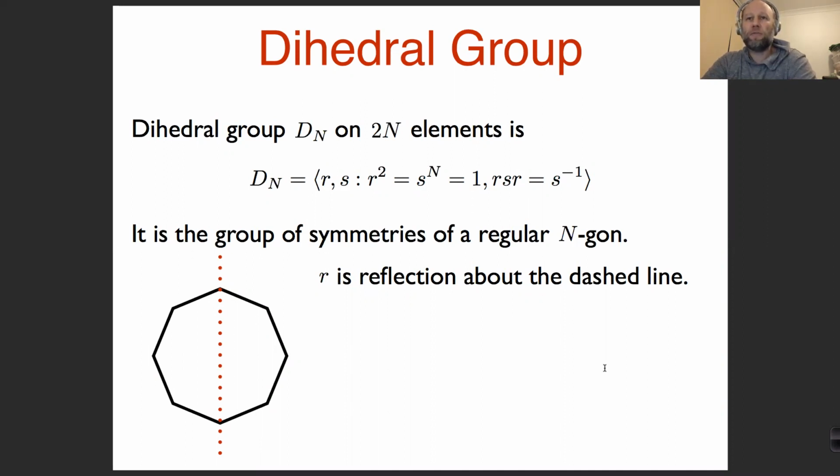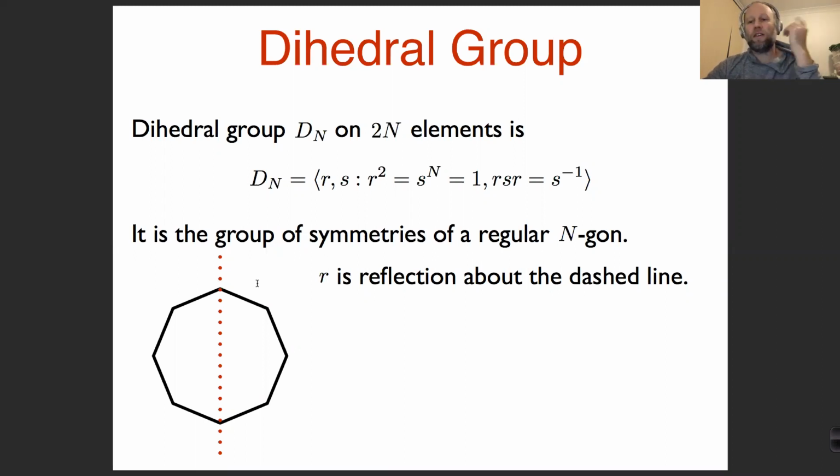The dihedral group parameterized by n is a group on 2n elements, and it's generated by two elements, R and S. You can think of it as the group of symmetries of a regular n-sided shape, like this, a regular n-gon. And what R represents is a reflection, like a reflection about this middle line here. So the order of R is just 1.